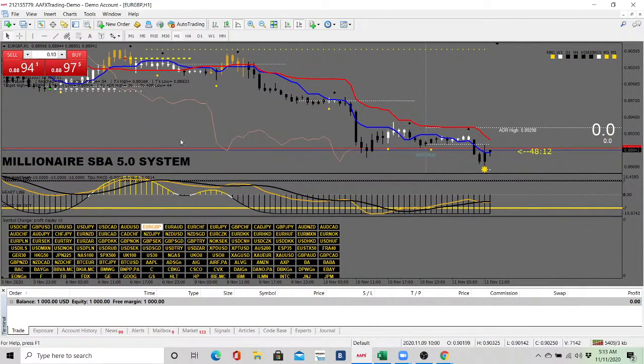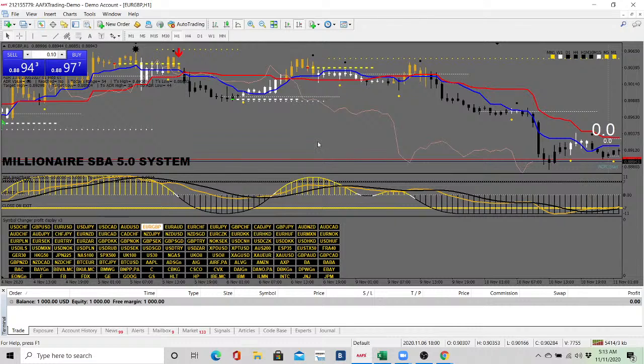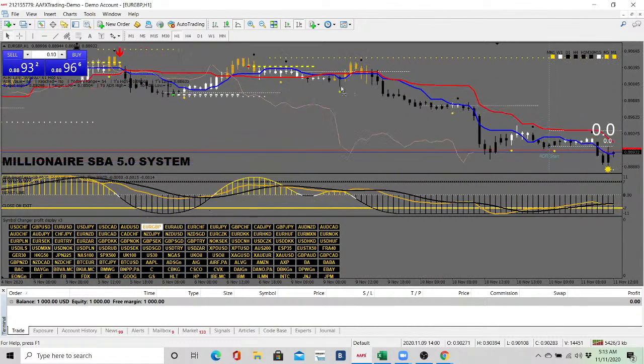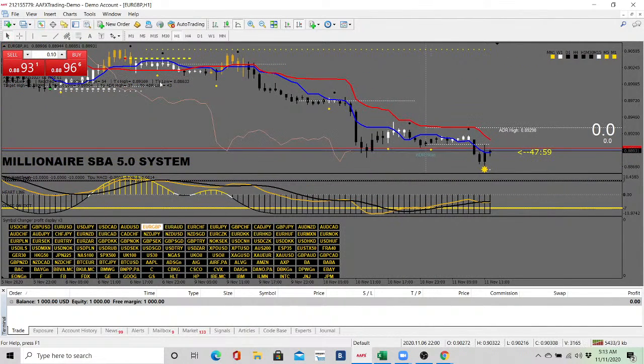So a great place to enter the market, like for instance, on the 1 hour, November 5th is when this arrow printed, but it's November 11th. So when you want to get into the market, let's say the last star bar arrow printed some days back.